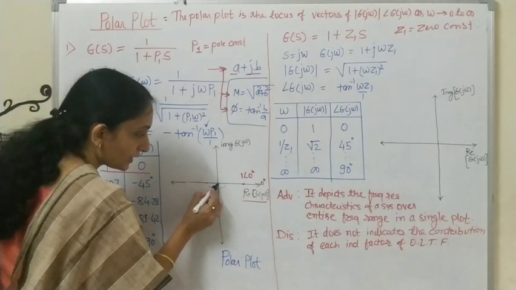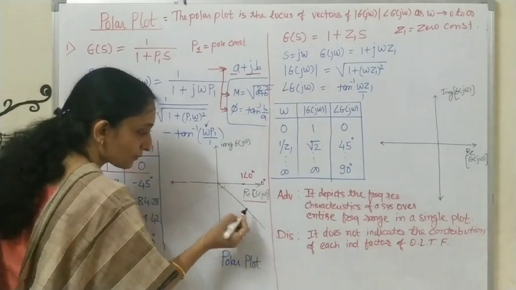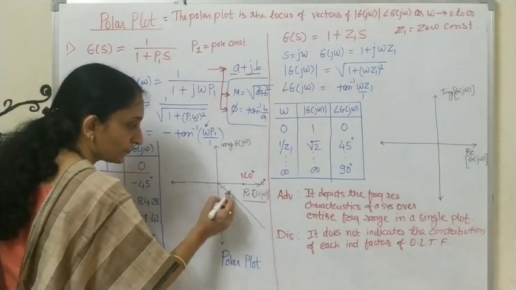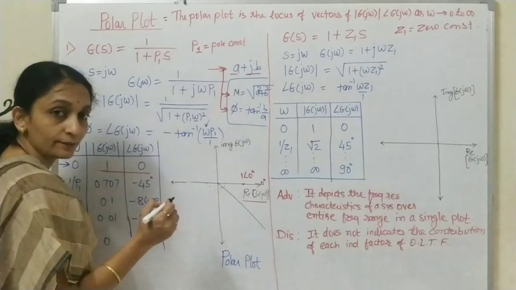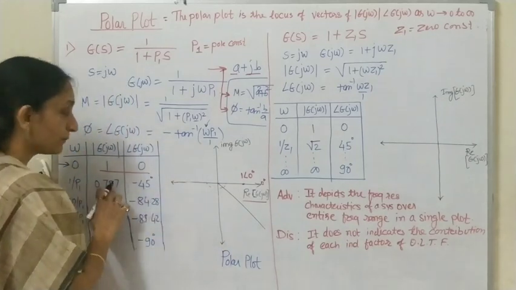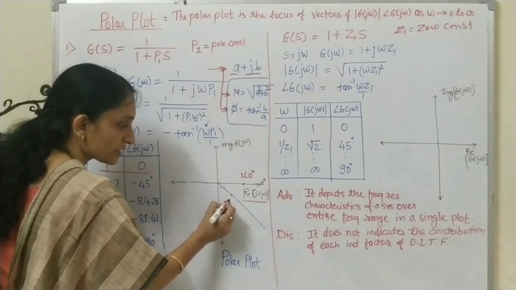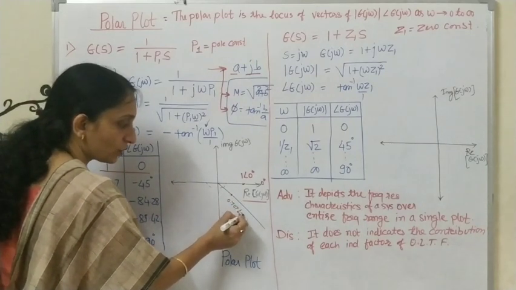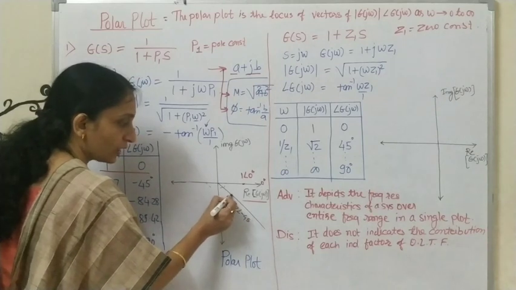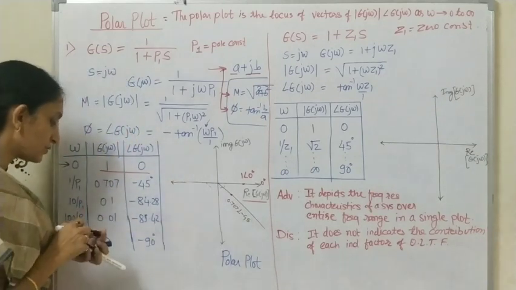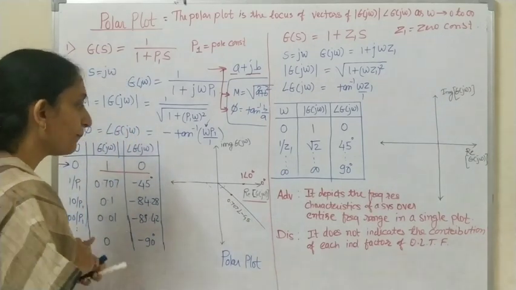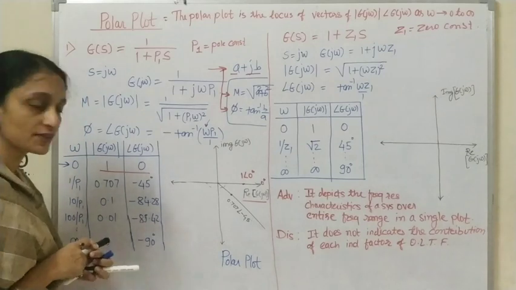So look at this, when I draw the line, this is minus 45 degree line. On this line I will plot 0.707. So just imagine that this is 0.707 at an angle of minus 45 degree. I hope you are getting it.